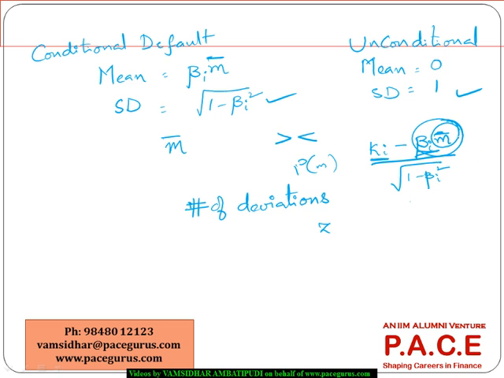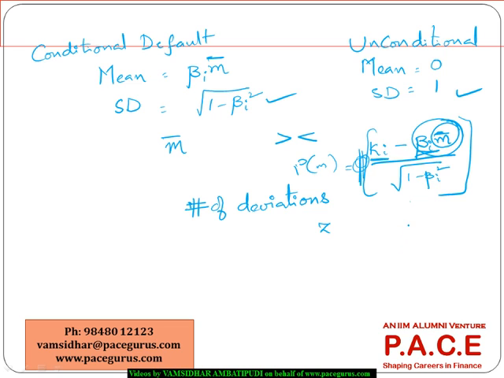I can find out the conditional cumulative default probability, which can come out as this itself. If I want cumulative, I'll take the overall function itself.